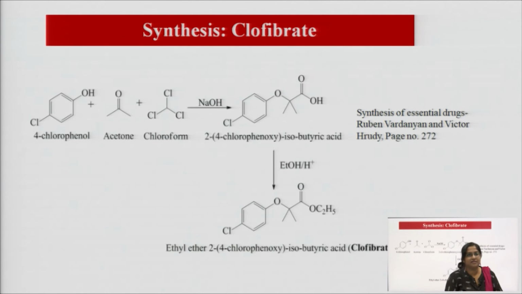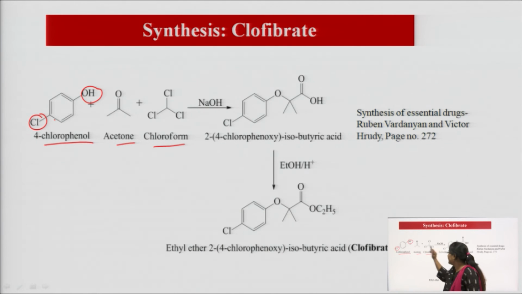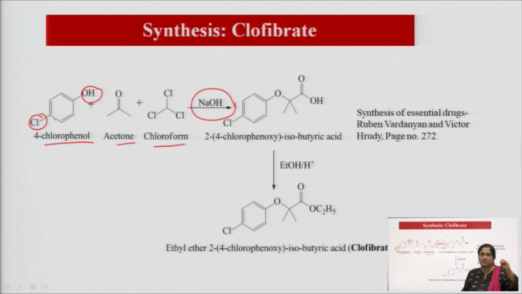Now, let us see the synthesis of clofibrate, as I told you that we are going to discuss the fibrates today. So, how is clofibrate made? When 4-chlorophenol, this is phenol and at the fourth position it has a chloro group, reacts with acetone and chloroform in the presence of NaOH, that means a basic environment is given, then there is a formation of 2,4-chlorophenoxy isobutyric acid.